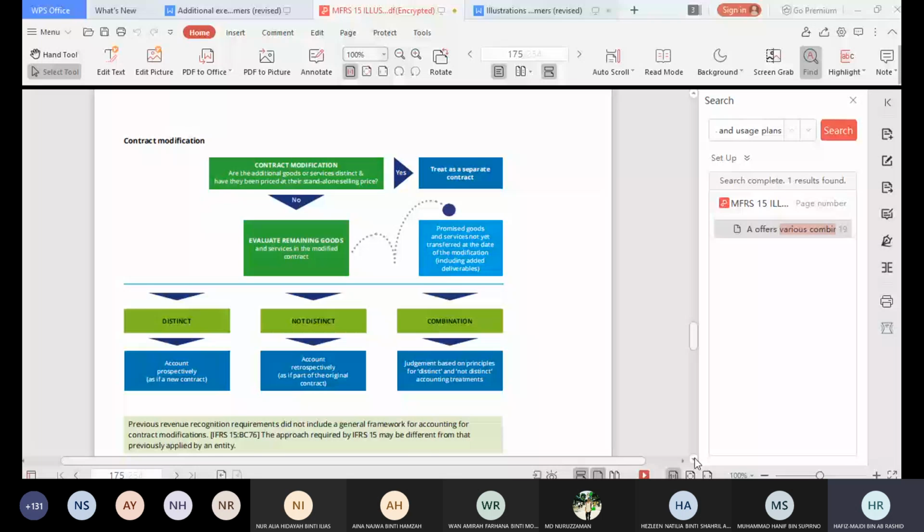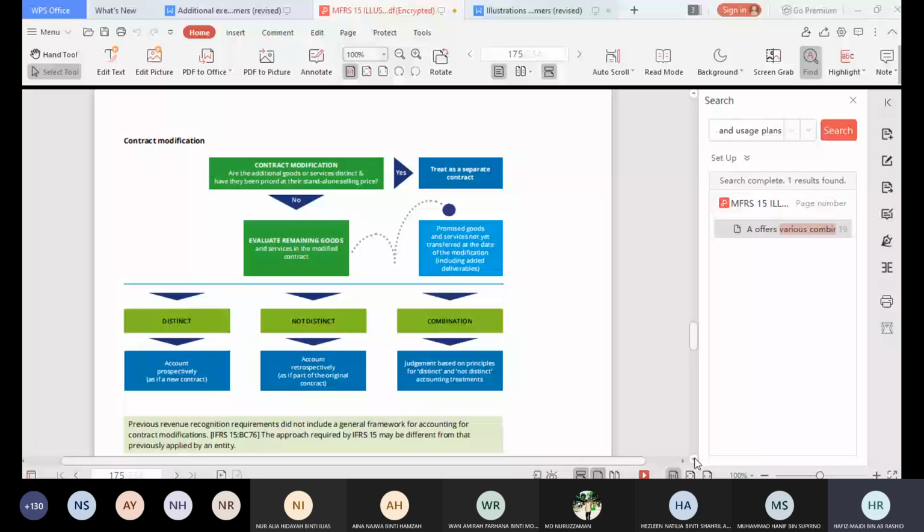So when you look into a contract modification, you are basically looking at whether there are additional goods or services which need to be added to the original contract.